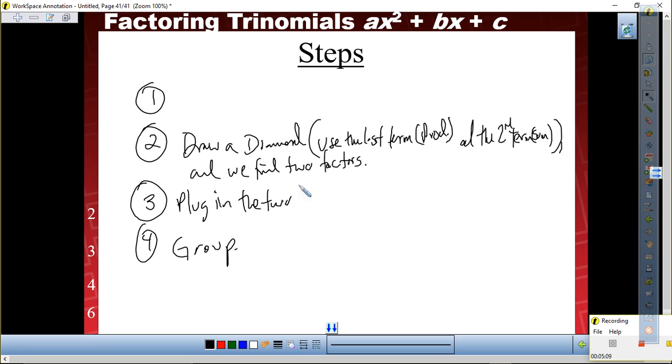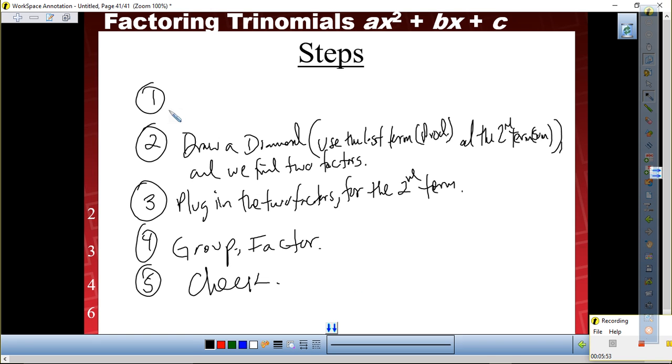The two factors for the second term. So let's see. We substitute already. Plug it in. Step 4, we group. And once we group, we do what? We factor again, right? And that's how we get our factors. And of course, our last step is always what? Check.